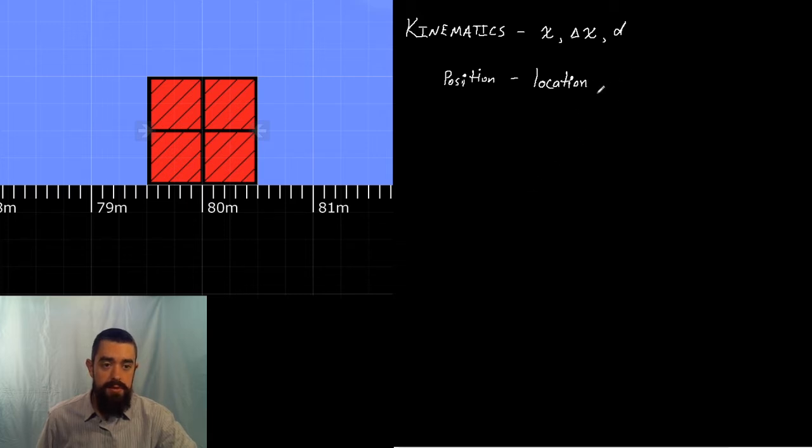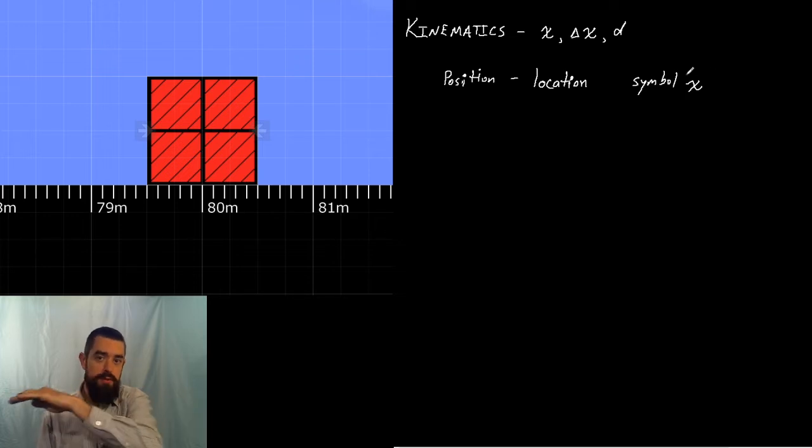And the symbol is the letter X if we're talking about just left and right movement. If we're talking about movement up and down, that would be Y. The symbol Y would be position as well.